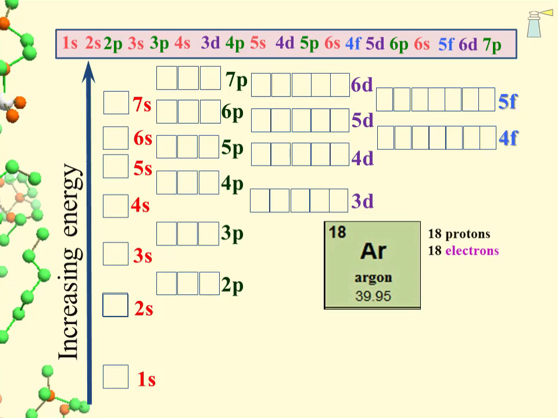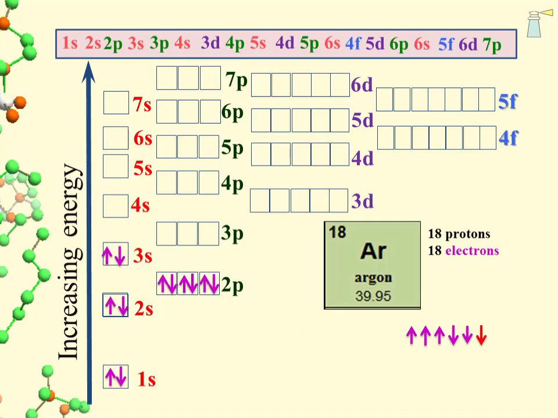We'll wrap up developing ECs with a look at argon. 18 protons and 18 electrons. The first pair goes in the 1s, the second pair in the 2s, the next 6 go into the 2p, the next 2 go in the 3s.